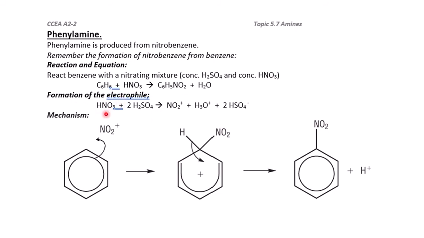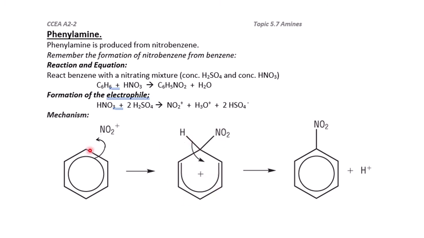The electrophile is formed from this equation. Remember, we asked you to commit that to memory. And basically, there is going to be our electrophile, the NO2+. Then the mechanism, the NO2+ approaches the delocalized pi ring. The pair of electrons from the pi ring forms a bond between the nitrogen and the carbon. So you'll see the arrow ending up about halfway between the carbon here and the nitrogen. Then we've got our intermediate structure with its positive charge.